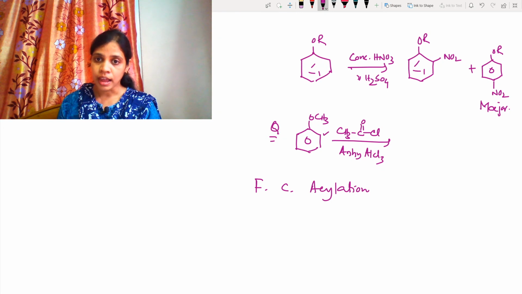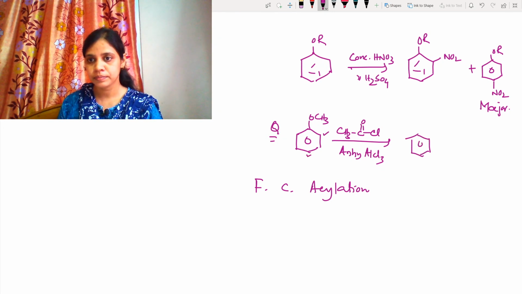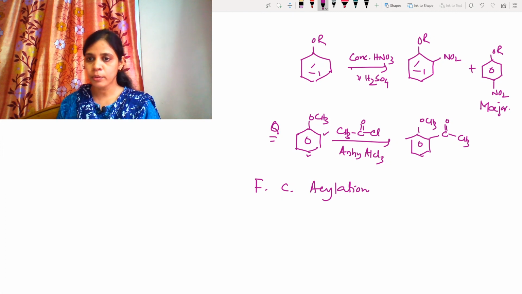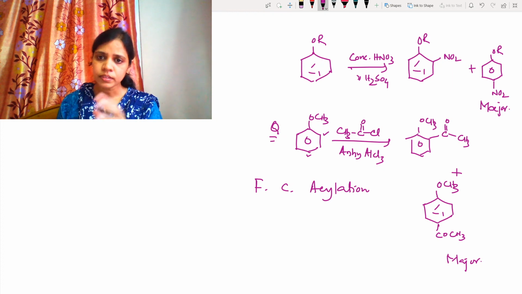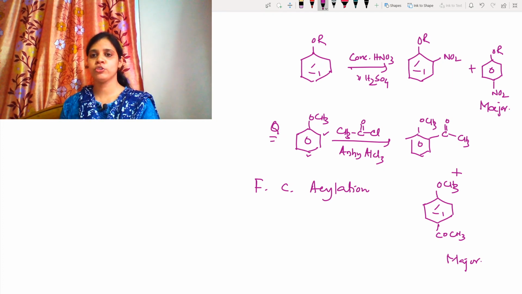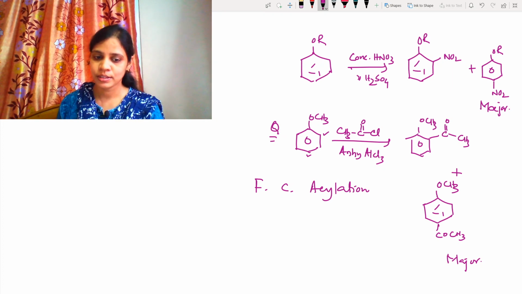At the ortho and para positions. So here we get this one product, and the second one is the para-oriented product. Which one is major? Para is always major. So these are the electrophilic substitution reactions of aromatic ethers. Okay. Thank you.